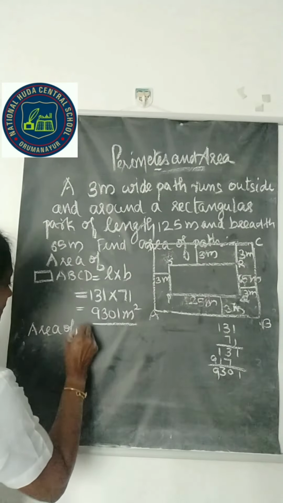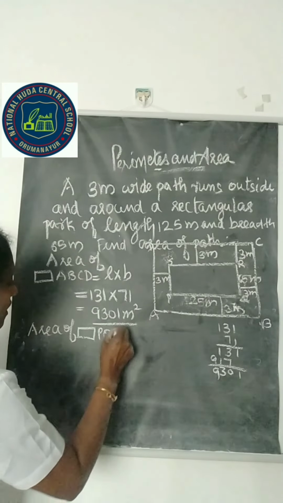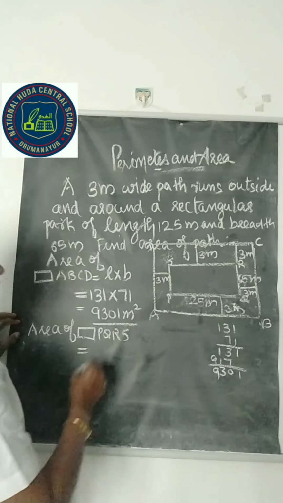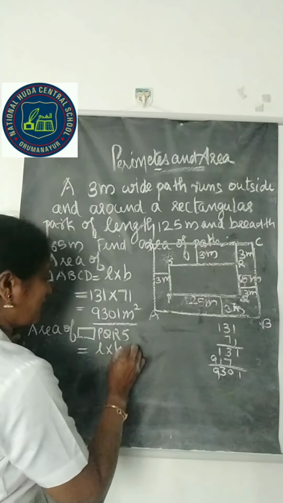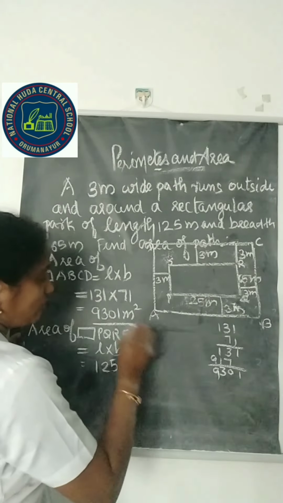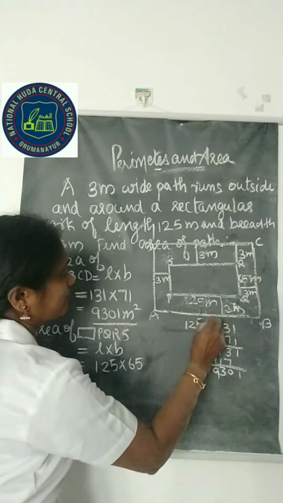Now we have to find the area of rectangle PQRS. Area of rectangle PQRS is equal to length into breadth. That's equal to 125 into 65. What is 125 into 65?